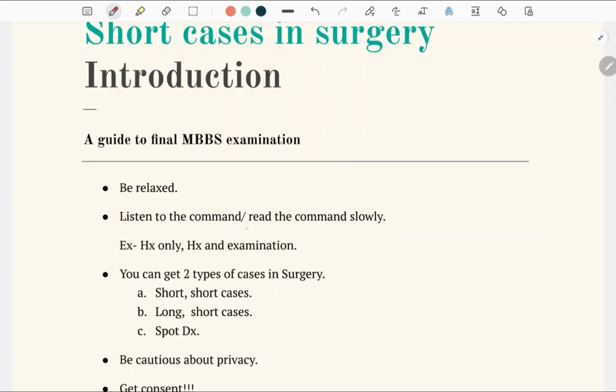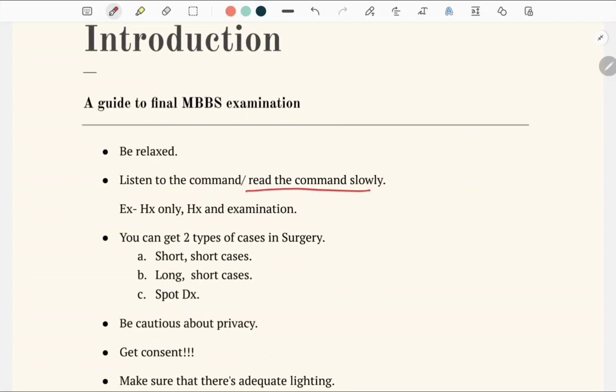So read the command carefully and slowly. In certain cases they would ask you to get a history and then examine. In certain cases they will ask you to get a history, and while you take the history they will ask you to examine.